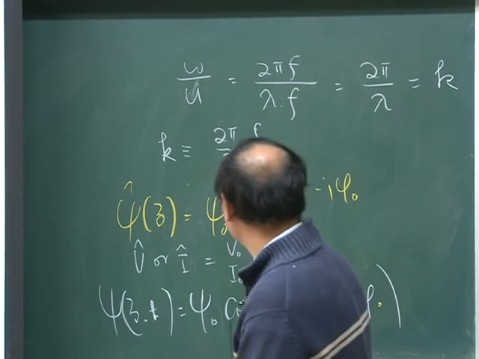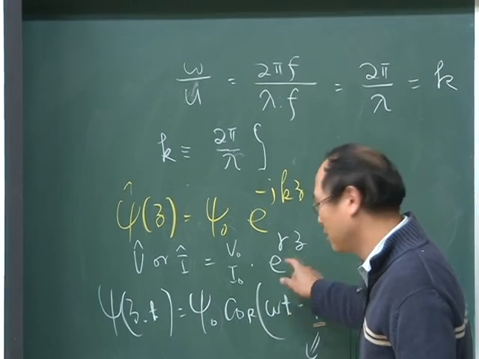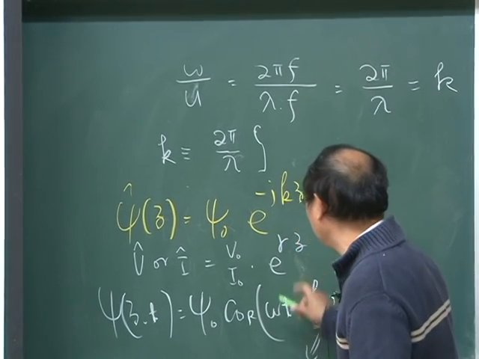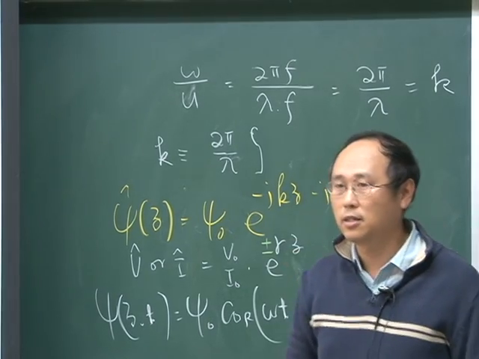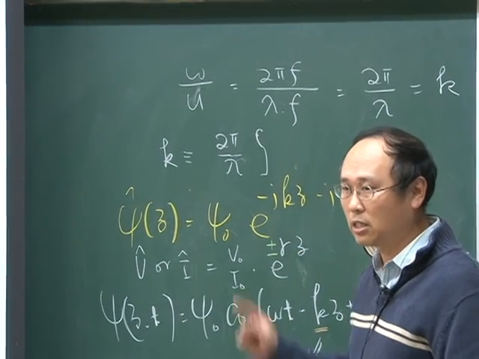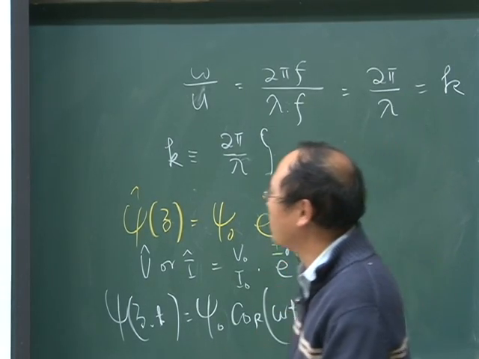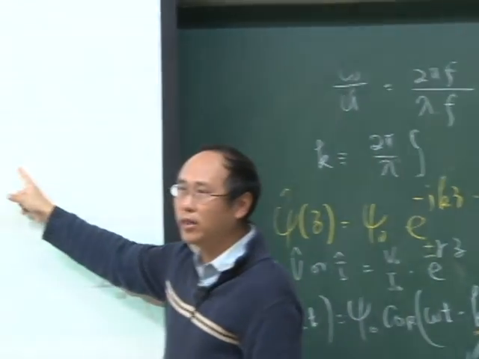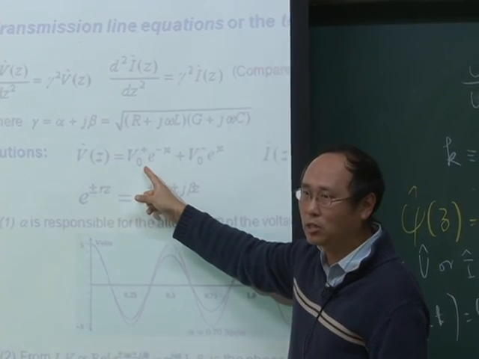So let's write down this kind of solution, but the wave could be propagating in the positive z direction or negative z direction. 它可能在各个方向都这个前后都有。So you have to keep this sign. So you have two possible solutions. One is the wave propagating in the positive z direction.